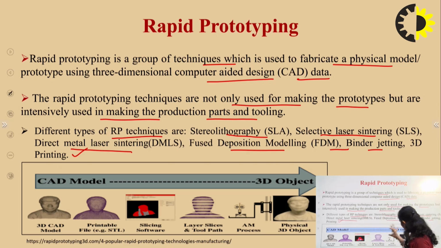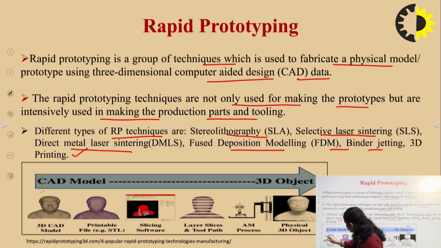In this diagram, you can see the sequence of converting the CAD model into the 3D object or prototype. First step is we should have the 3D CAD model with us.